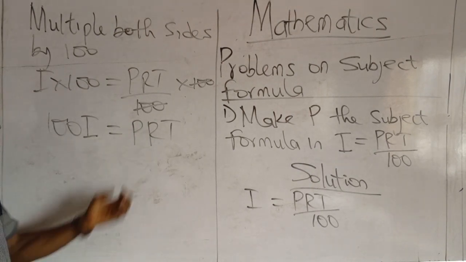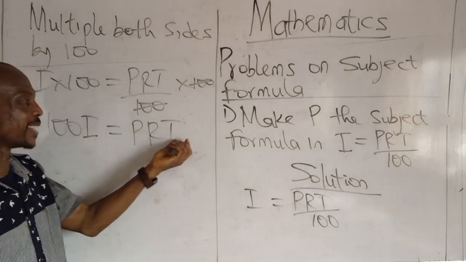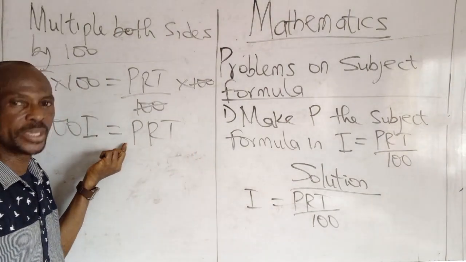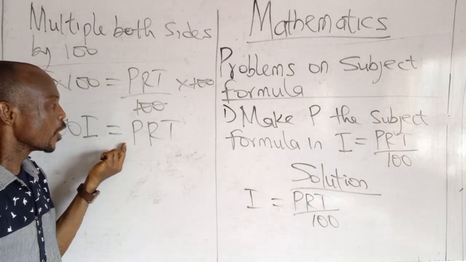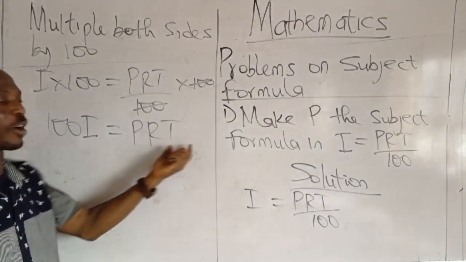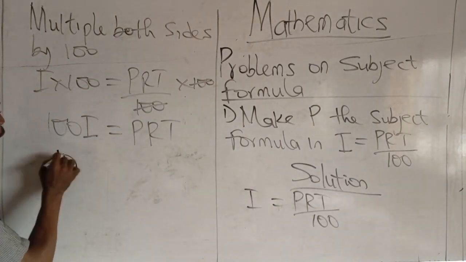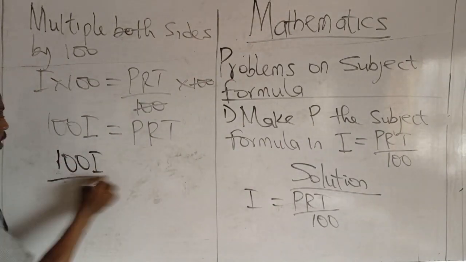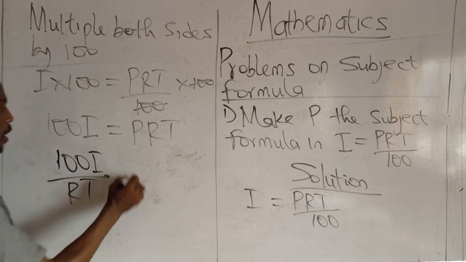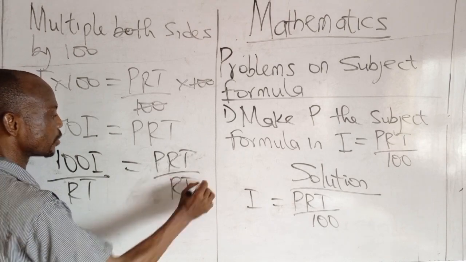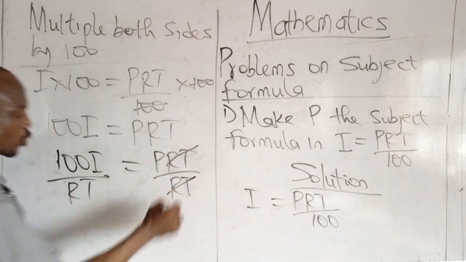The next is for us to pull our R and T. R and T are multiplying our P. So in doing that, we are going to divide both sides of the equation by our RT. So we now have 100I divided by RT is equal to PRT divided by RT. RT will cancel out.